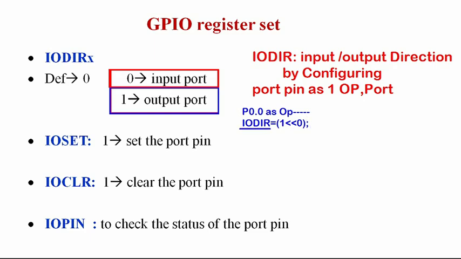IODIR is my register, and this 0 tells you the position where I need to configure, and that bit is going to be set to 1.